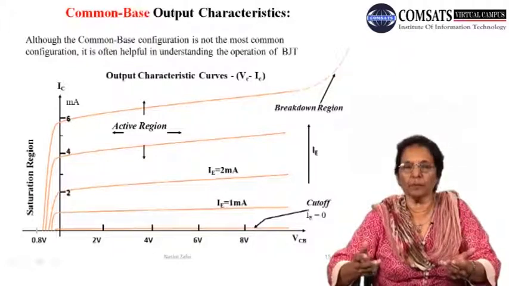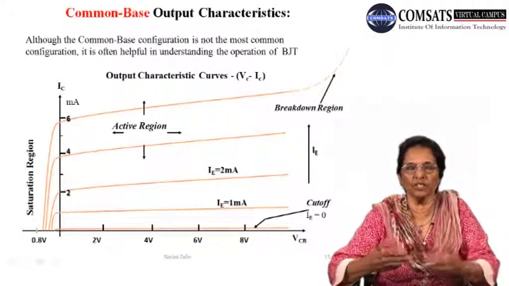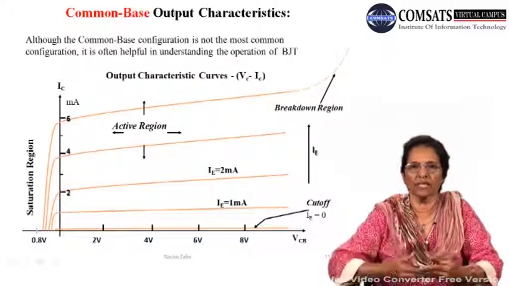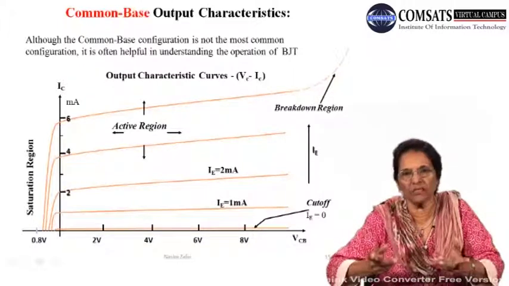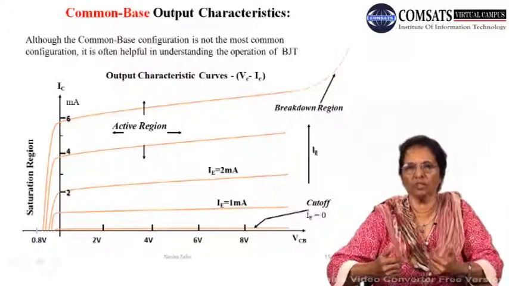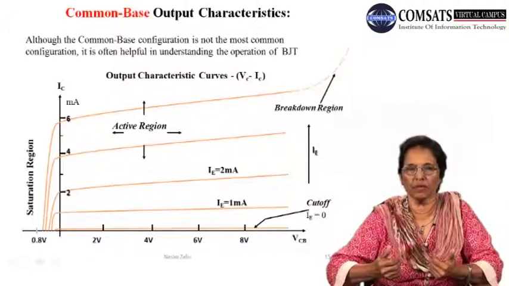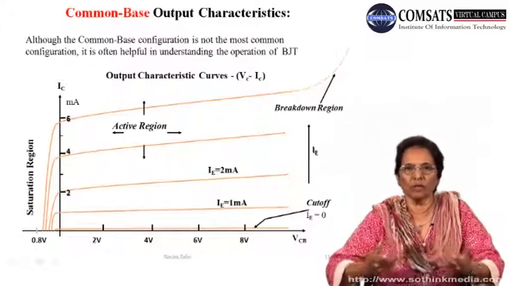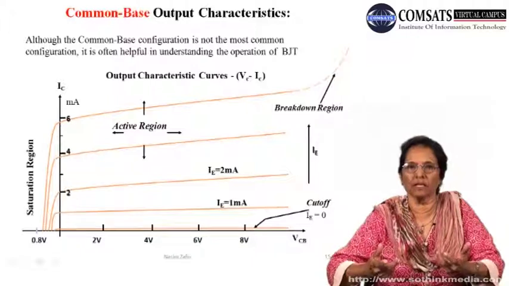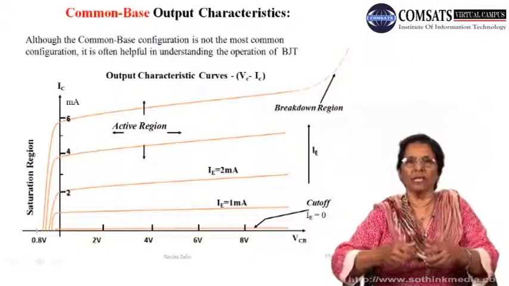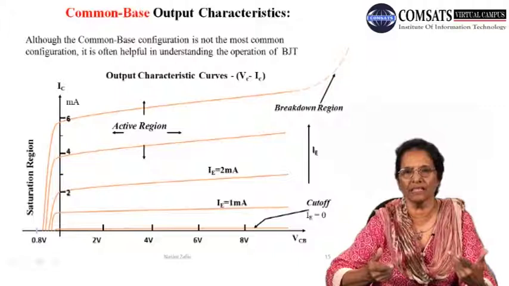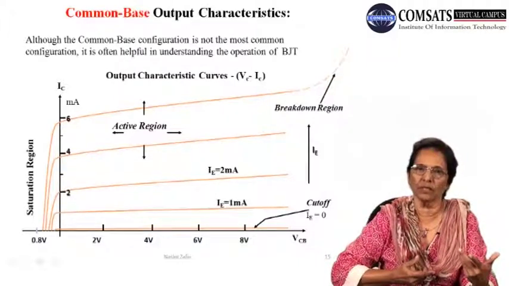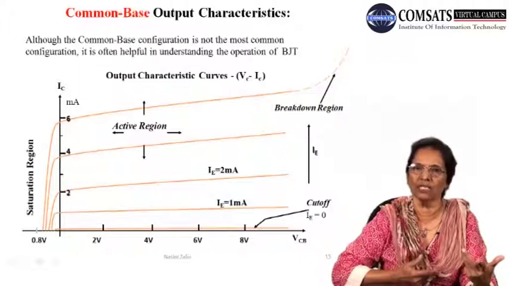So we will keep discussing these two slides throughout this lecture, that is slide 11 and slide 15, just to understand that the same transistor, whether it is PNP or NPN, can be used for controlling the output current IC by controlling the input current IB or IE.